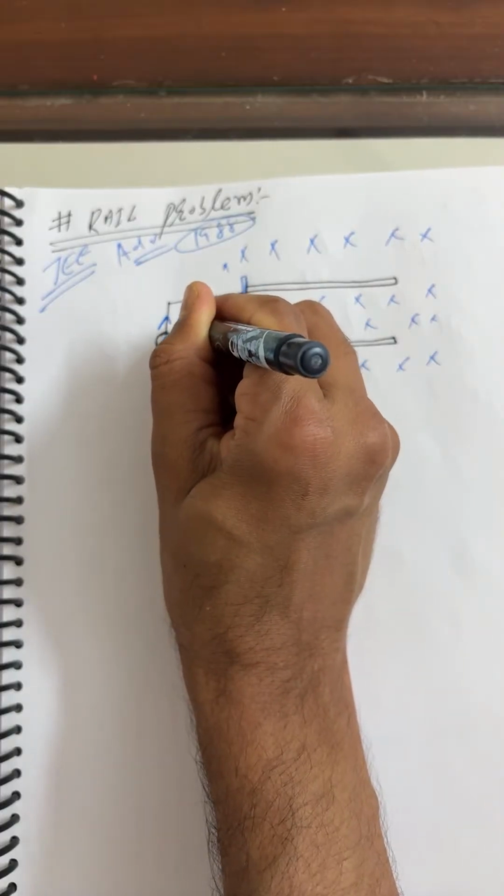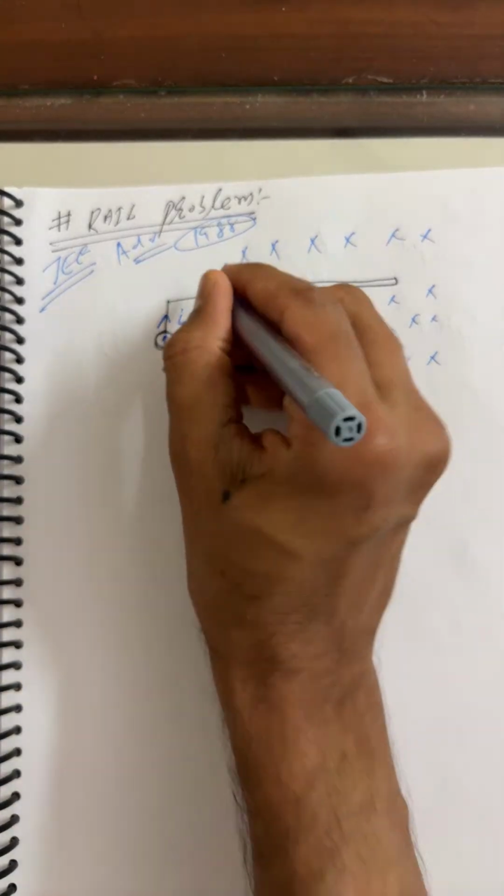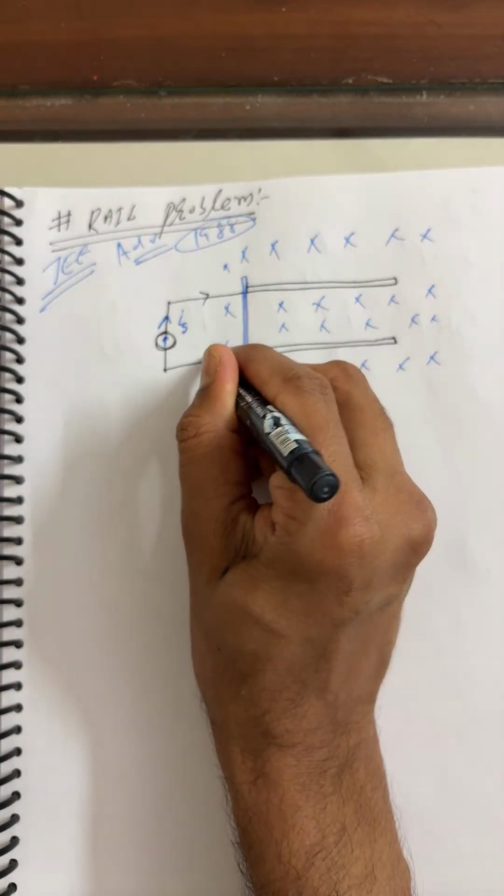This is IS. The current generator device here is generating current, that is IS. So this is the direction of current.